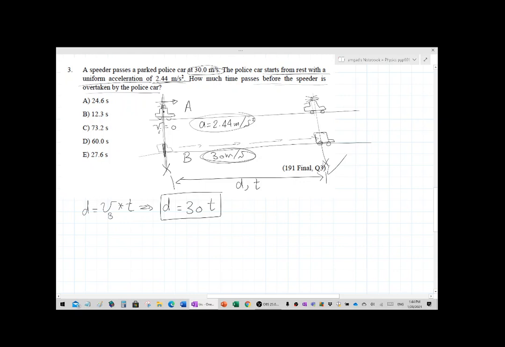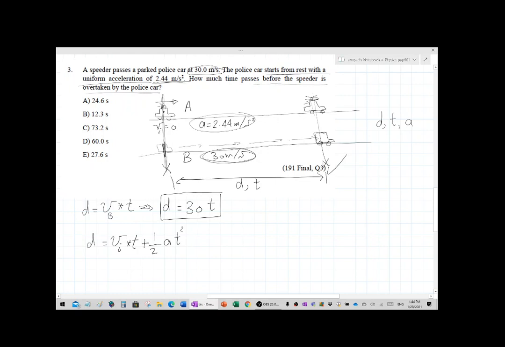For the police car, I need to relate the distance to the time and the acceleration. So which equation has the distance, the time and the acceleration? The last equation, which is delta S equals VI times T plus half times A times T square. We can say delta S here is the distance because it's moving in one direction.